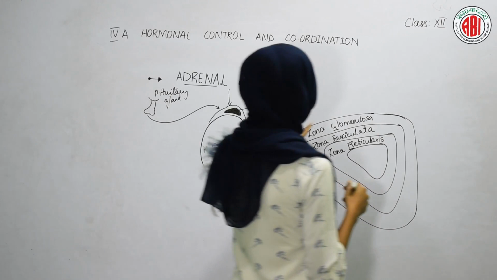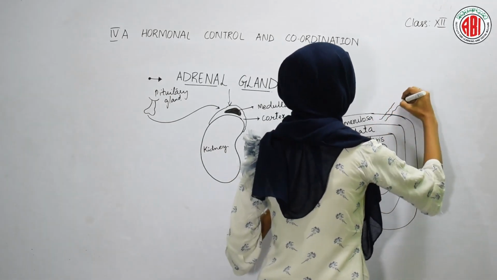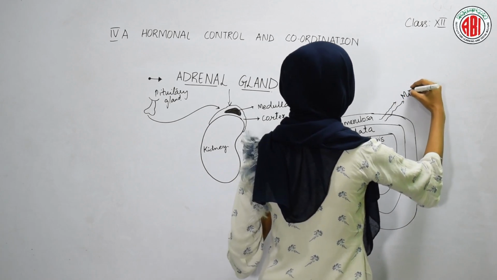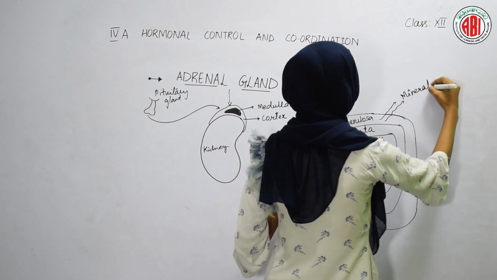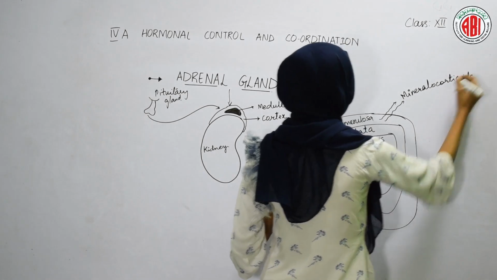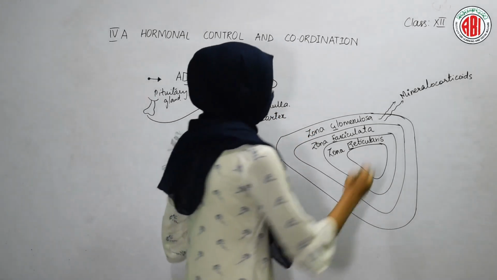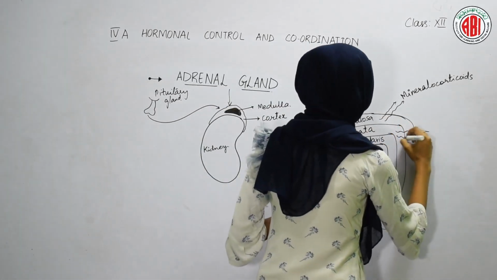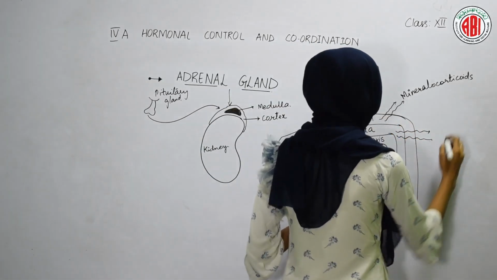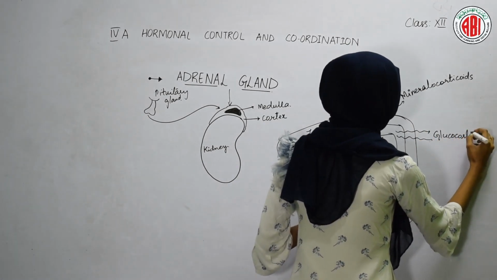So, the first one is Zona Glomerulosa. This zone is responsible for releasing the hormones which are termed mineralocorticoids. Okay, next one is Zona Fasciculata. This zone is responsible for secreting different hormones and we call those hormones glucocorticoids.